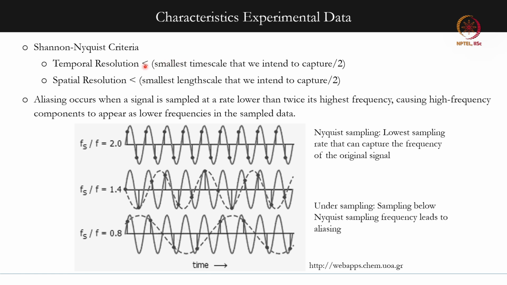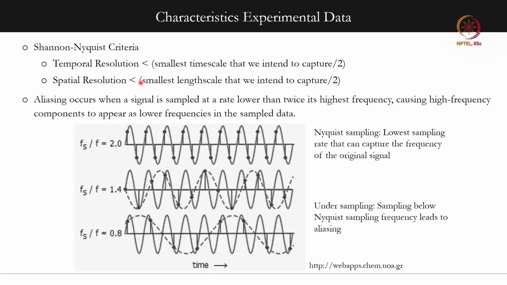The temporal resolution, which is nothing but 1 divided by the sampling rate or 1 divided by the frames per second, should be lower than half of the lowest time scale associated with the problem. Again, the lowest time scale is essentially 1 divided by the highest frequency. Here there is only one frequency, so this is simply 1 divided by f.